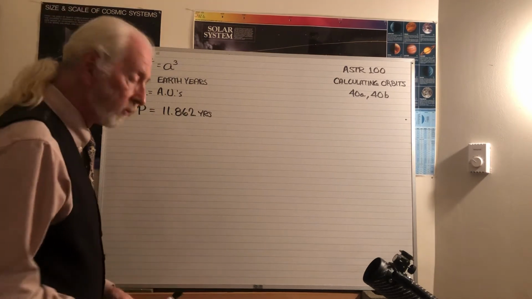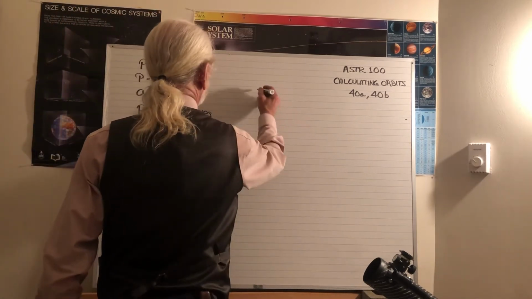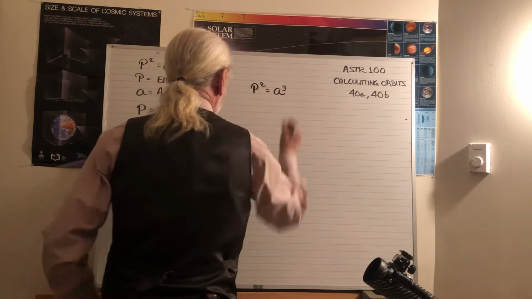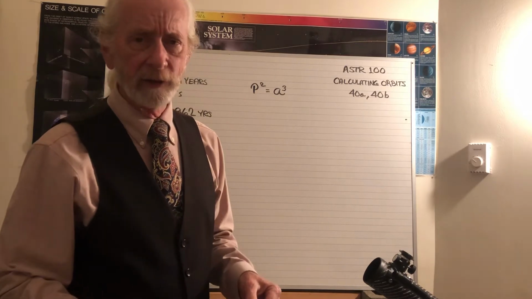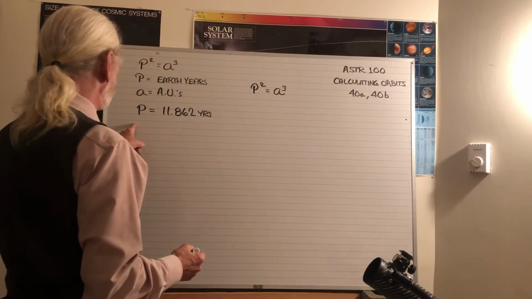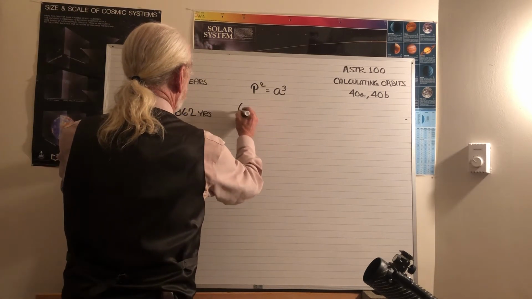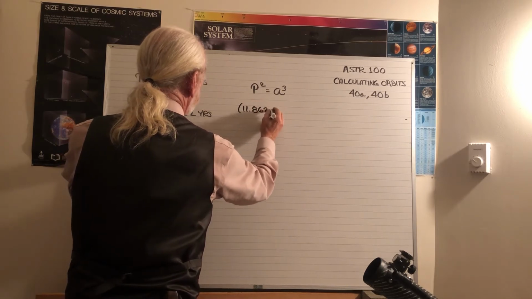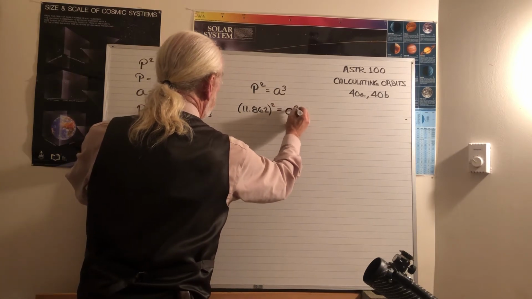So all we have to do now is just run the formula. And we invoke that time-honored tradition in physics known as plugging and chugging. We're just going to plug in the numbers and let them rip. So P is 11.862, so now that's going to be 11.862 squared equals a cubed.